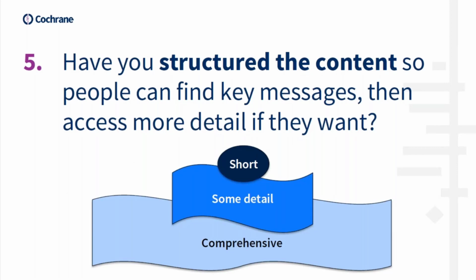Item 5, have you structured the content so people can find key messages, then access more detail if they want? So start with the key messages and then allow people to dig down. This allows people to find what they want to find, but it also ensures transparency.